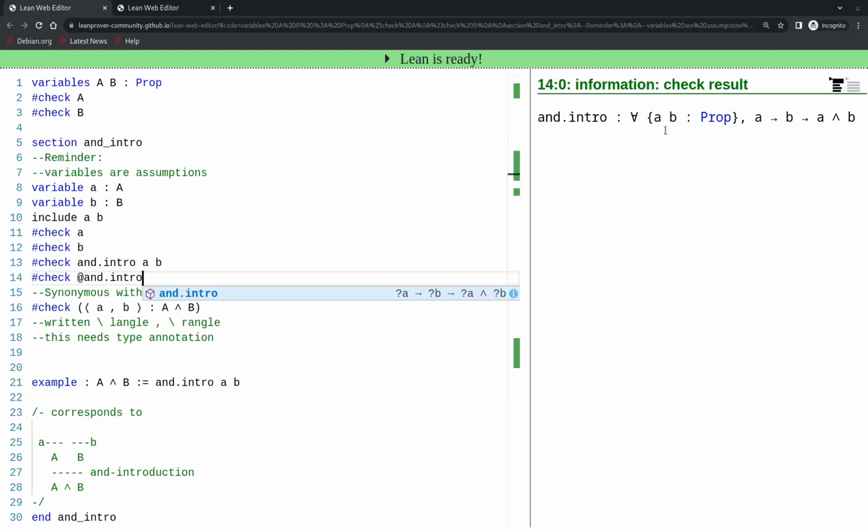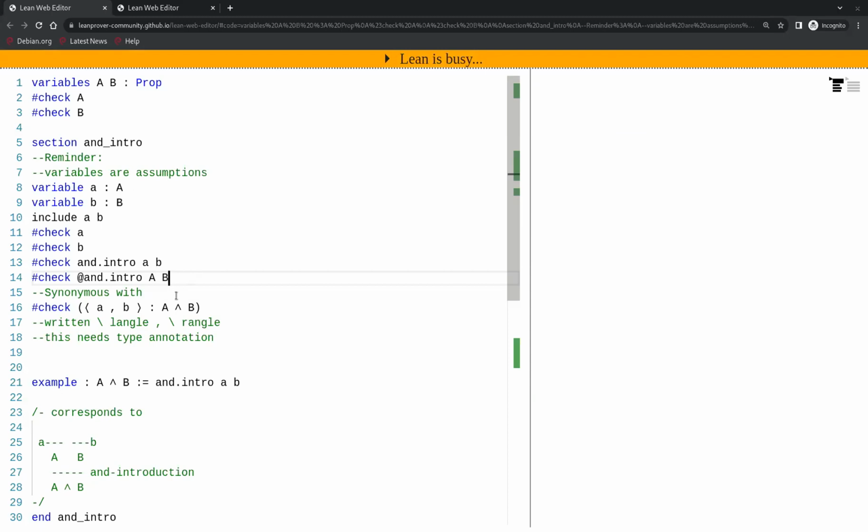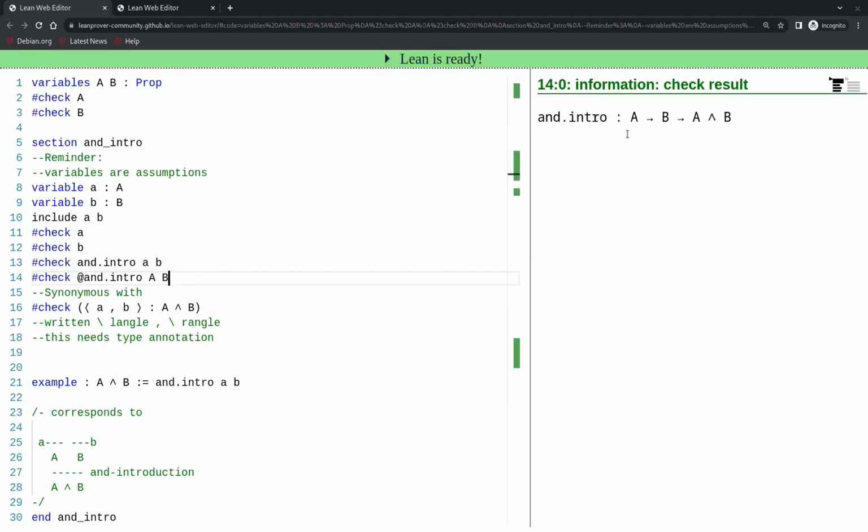And.intro is a polymorphic function that we can apply first to propositions A and B, and then it gives us a sort of lemma that allows us to prove A and B from two proofs of A and B separately.